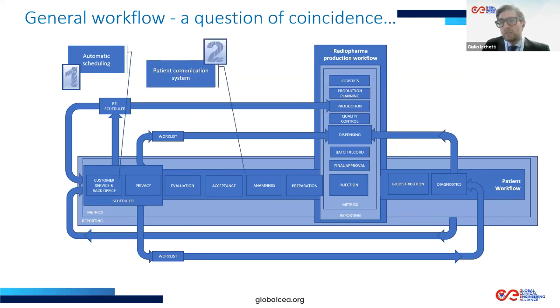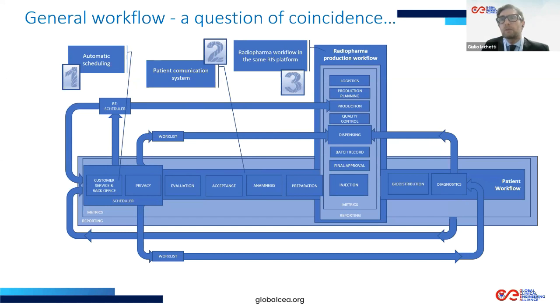Again, we saw the path of the patient, which is quite a complex path. So it's very important to have communication with the patient during the phases of acceptance, analysis, and preparation. It's very important to have data on the same RIS, the same radiological information system. This is very important from my point of view.